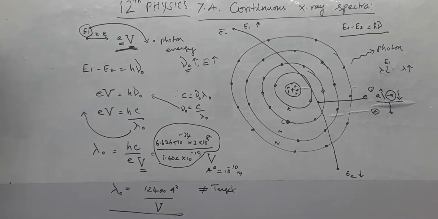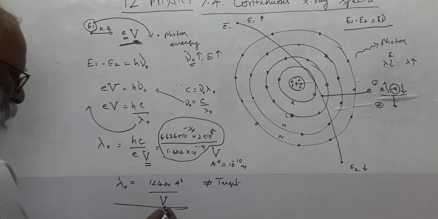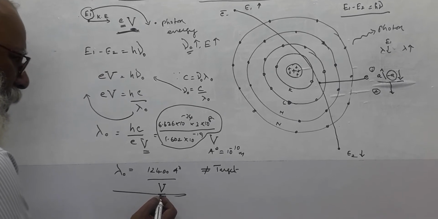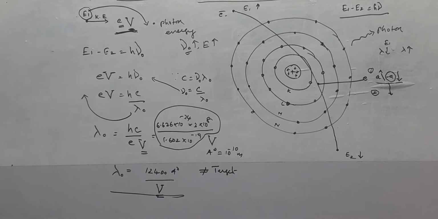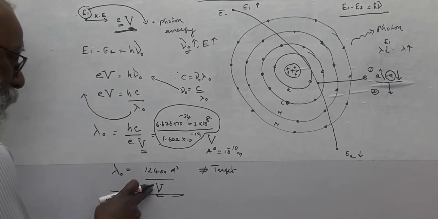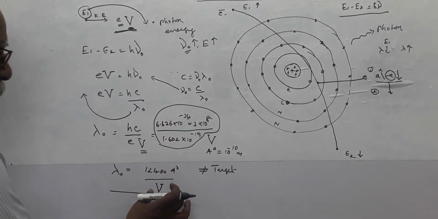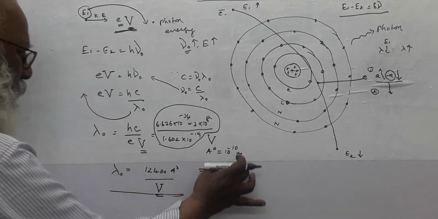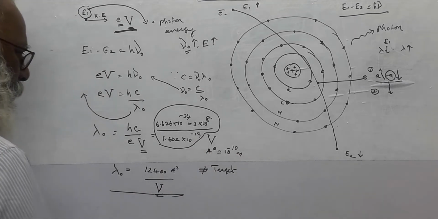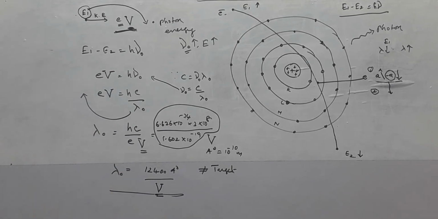Whatever metal you use, the wavelength will not be altered unless you change the accelerating voltage. If you change the accelerating voltage, the cutoff wavelength will vary. But keeping the accelerating voltage constant, whatever the target, lambda naught is constant. That is a very, very important concept that you have to understand.